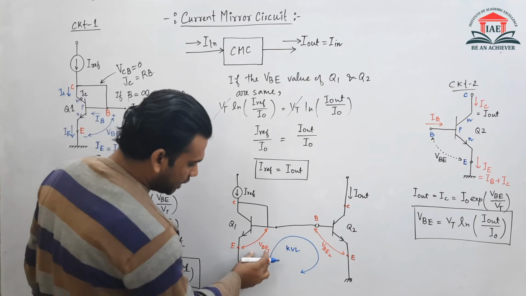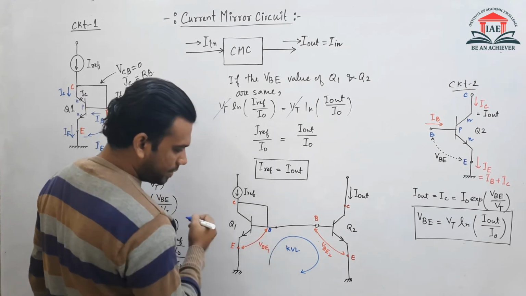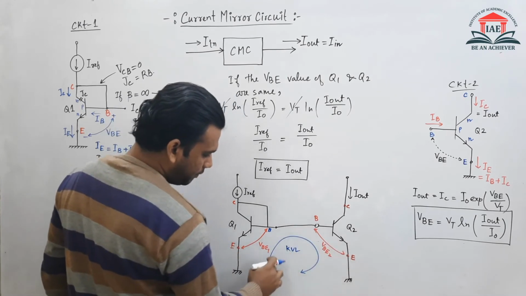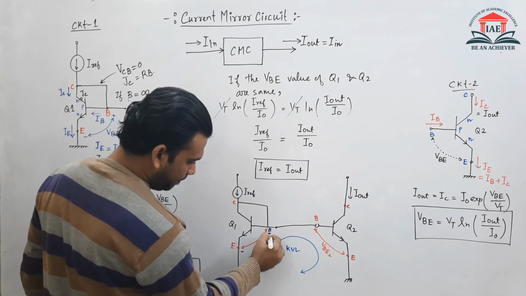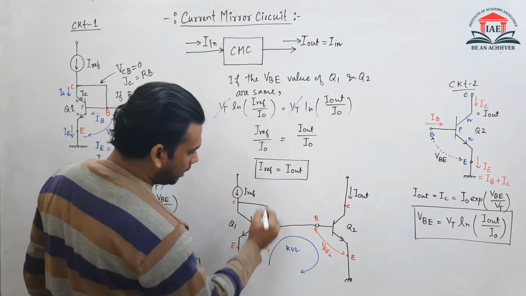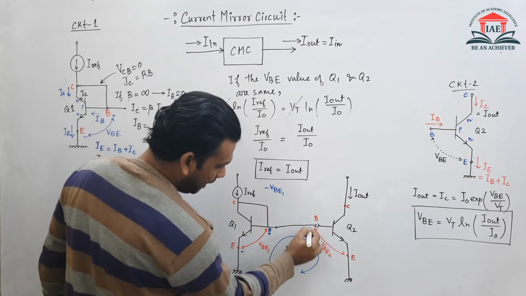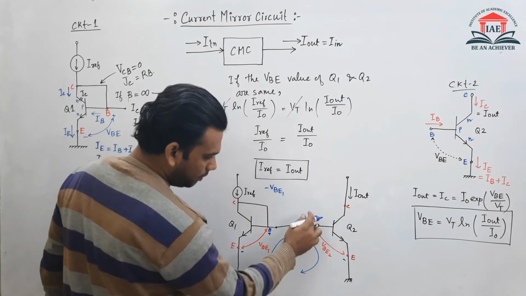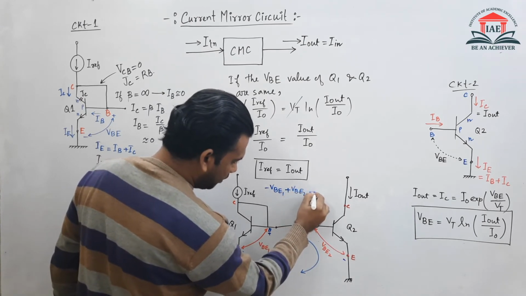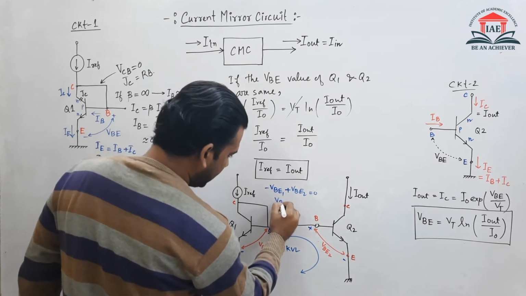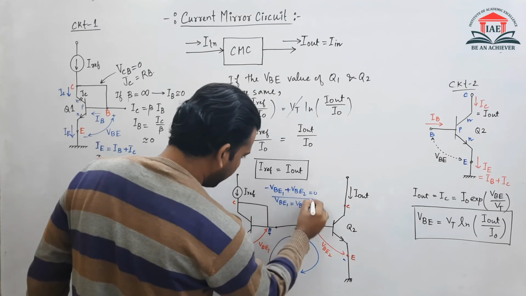If I start from this direction, यहां पे क्या है, नेगेटिव पोटेंशियल, यहां पे पॉजिटिव पोटेंशियल, so नेगेटिव VBE1, यहां पे क्या है, प्लस, यहां पे माइनस, तो प्लस VBE2 is equals to 0. So that means we can see that VBE1 is equals to VBE2.